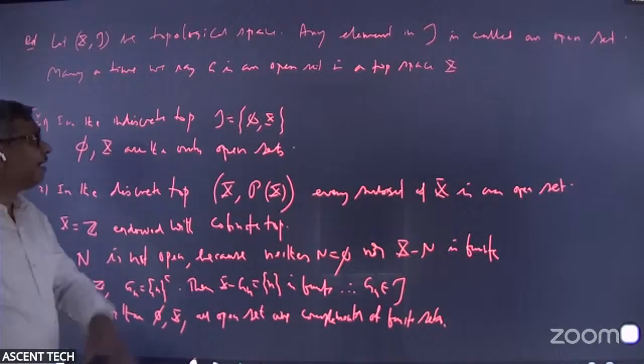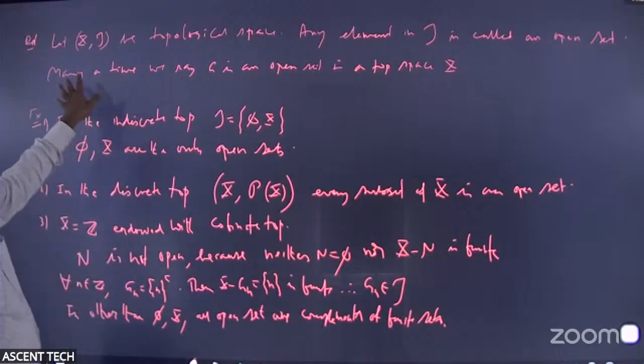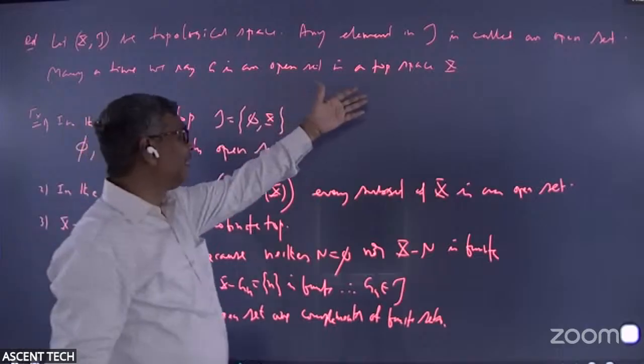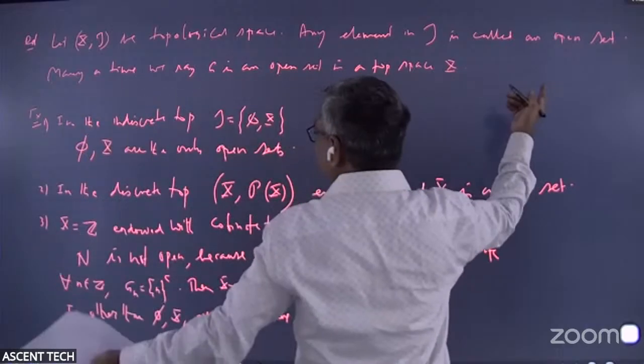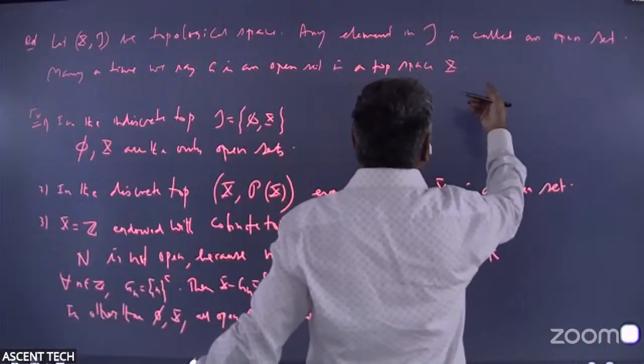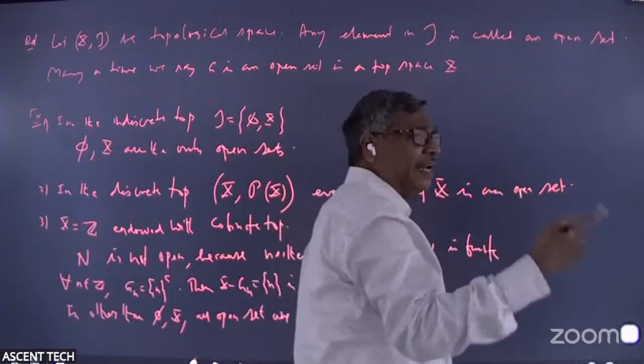Later on, many times I don't write T at all. I'll just say G is an open set in the topological space X. When will that be an open set in X? If G is in the underlying topology.